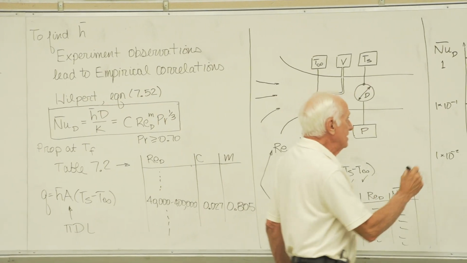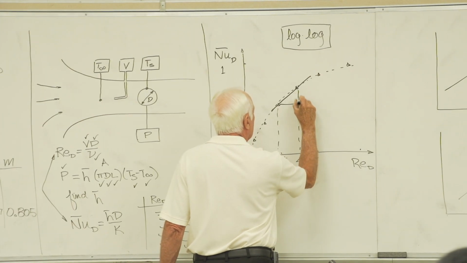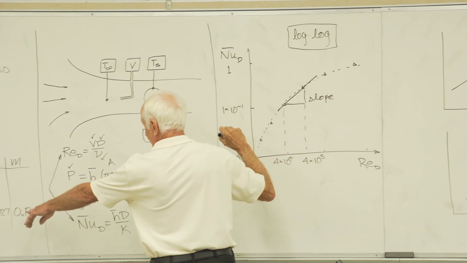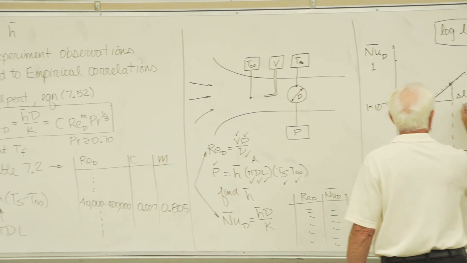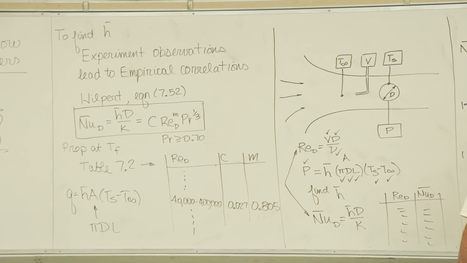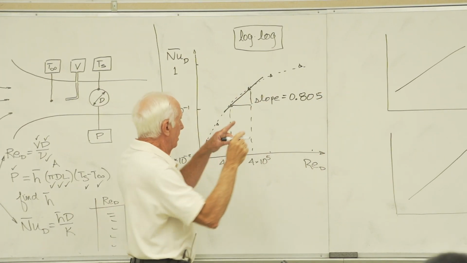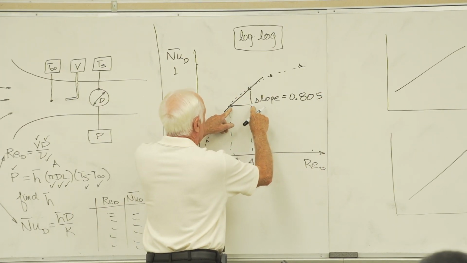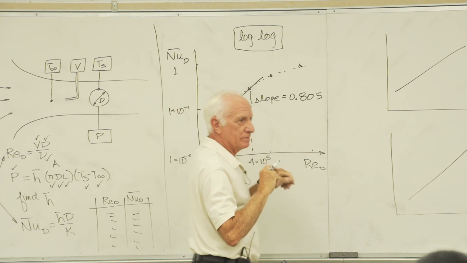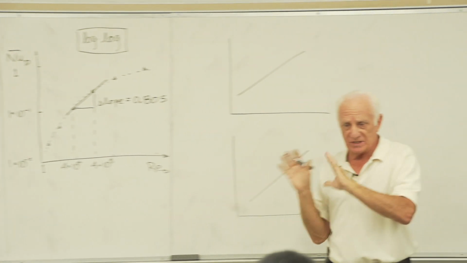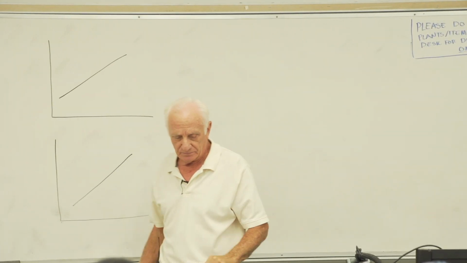And if I would measure the slope of that, 0.805, I could take a ruler, 4 inches divided by 5 inches, 0.8, if I use log paper and the logs are the same scale on both x and y axes.